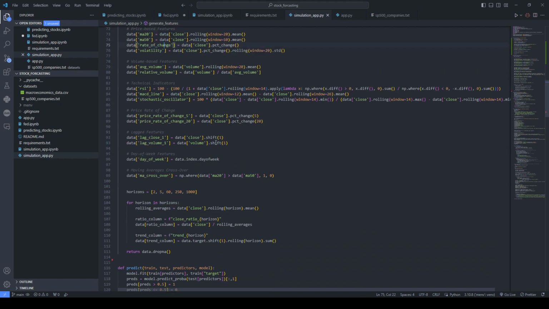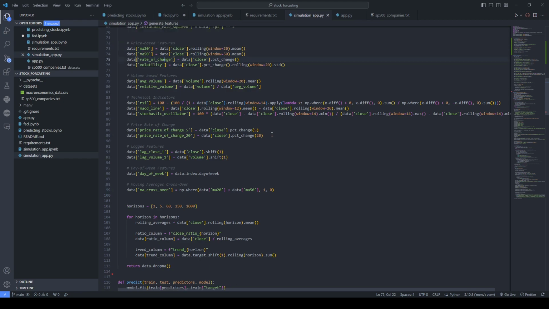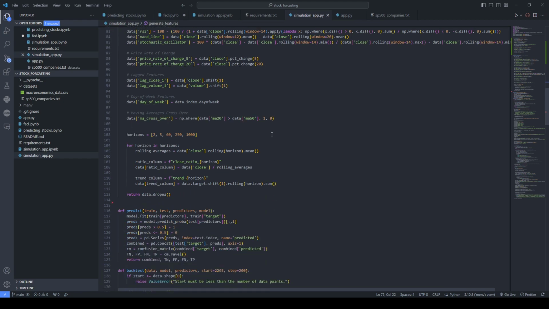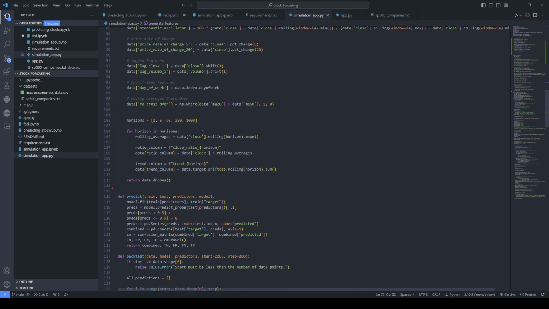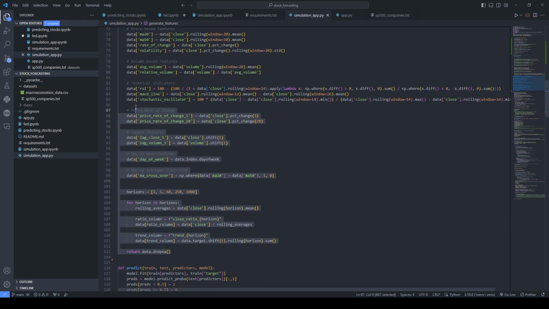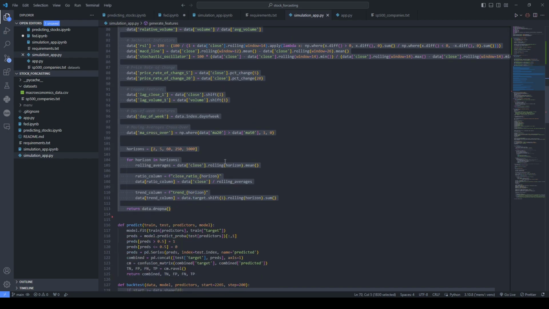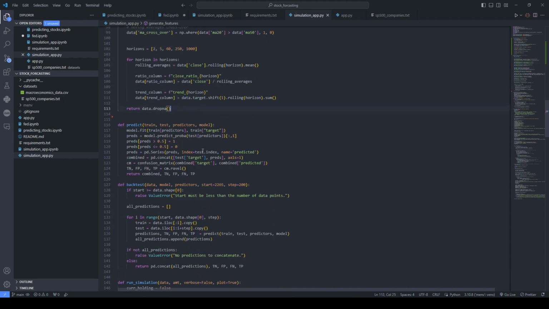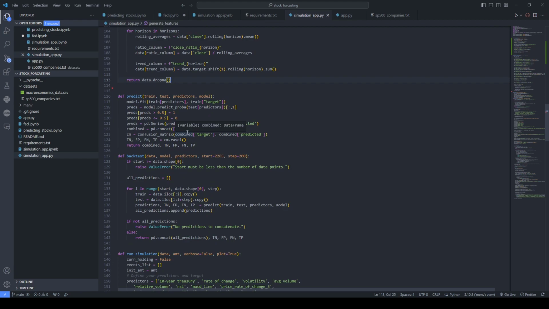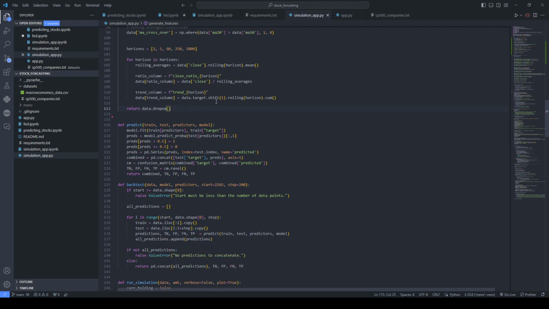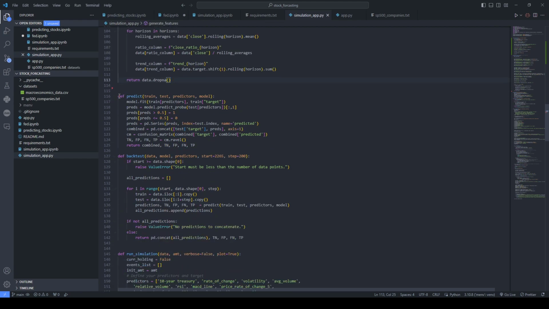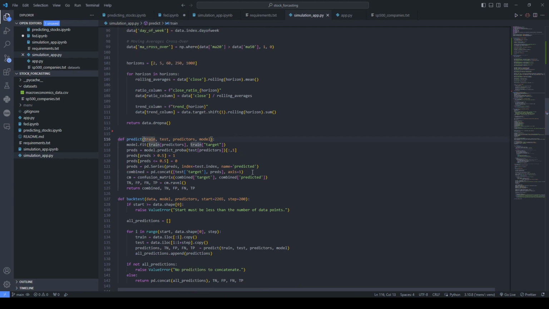If you have lags of the past days, there you have it. We have a bunch of feature engineering. Not all of it is going to be useful. We're going to do feature selection based on importance, but it's nice to have, you know what I mean? But we're not going to be using both of them.